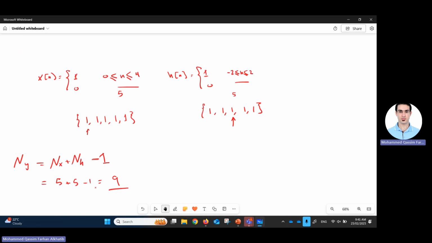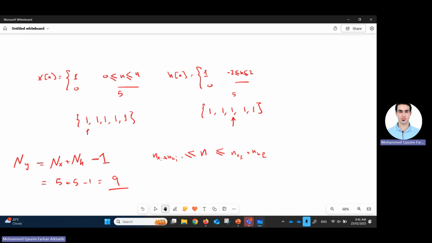That's the first point. Second point, where do we start? N is going to be between NX initial plus NH initial and NX final plus NH final.